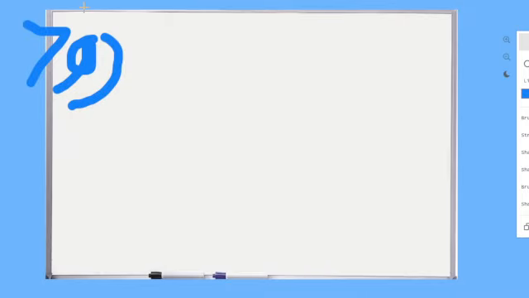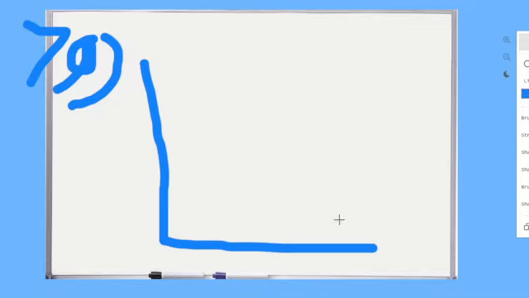So now we're going to do question 79, the second last question. You split a right angle, okay? It's a little bit bent over here. I can't draw lines that straight on a computer.